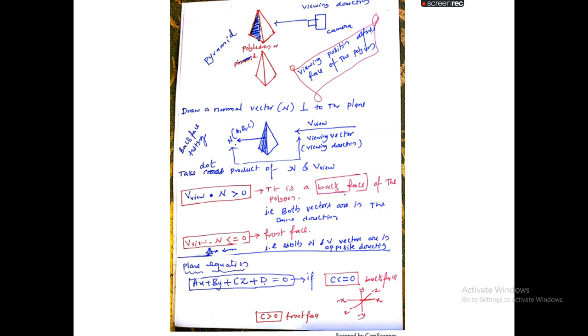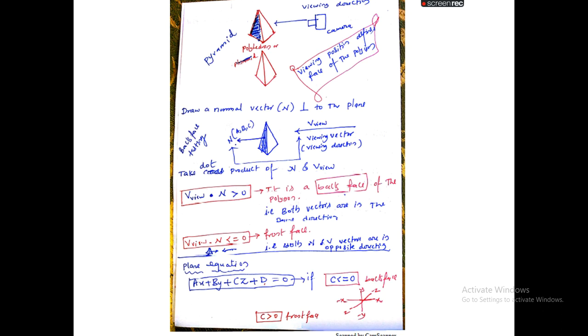If you want to decide whether it is a front face of the polygon, you select that particular polygon or surface and draw a normal vector perpendicular to that plane.